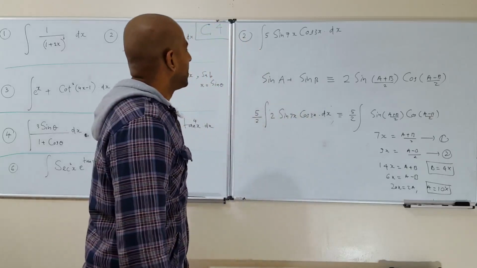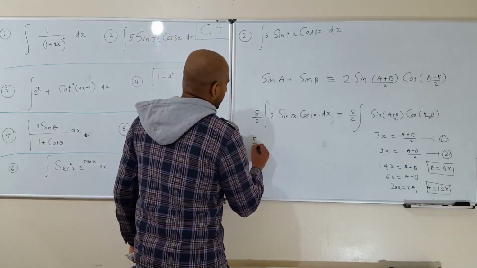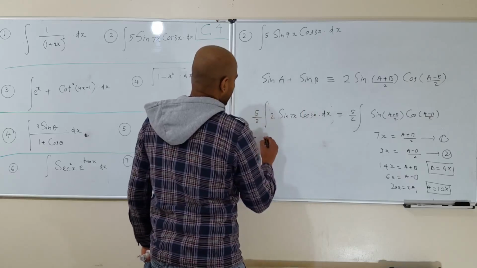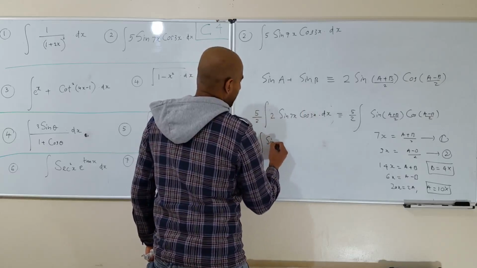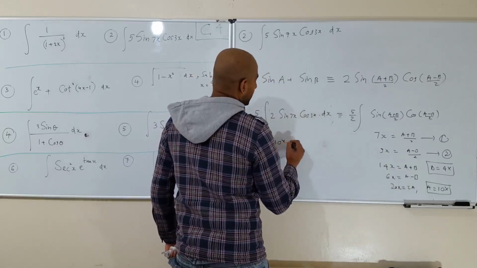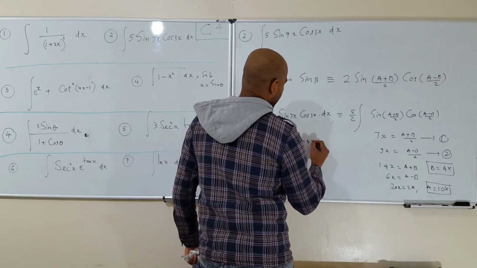All right. So I can write down that this can be replaced by sine A plus sine B: sine 10x plus sine 4x dx.